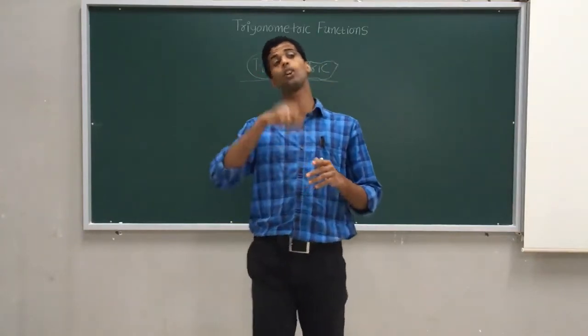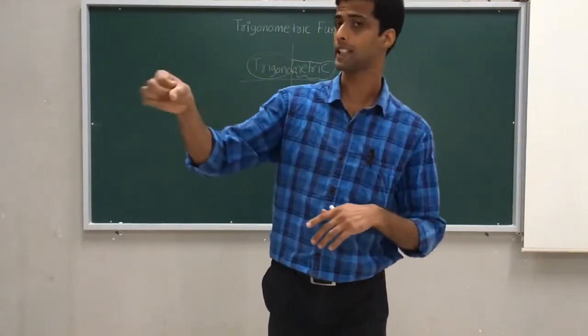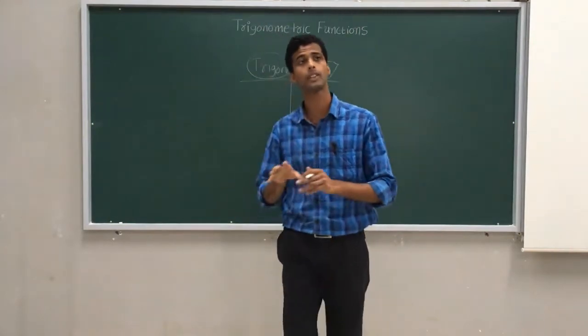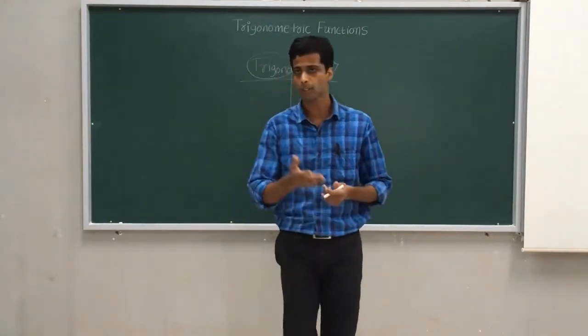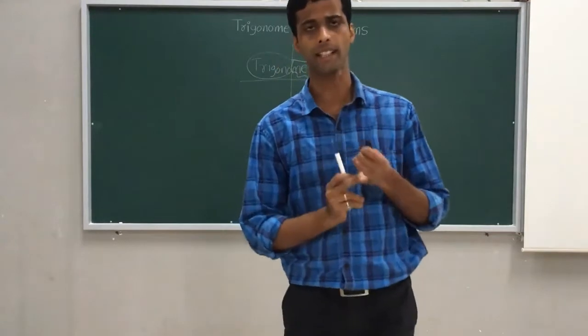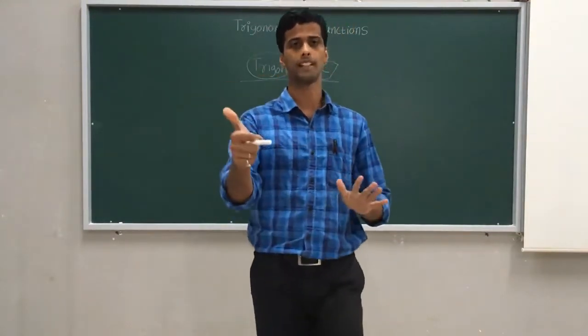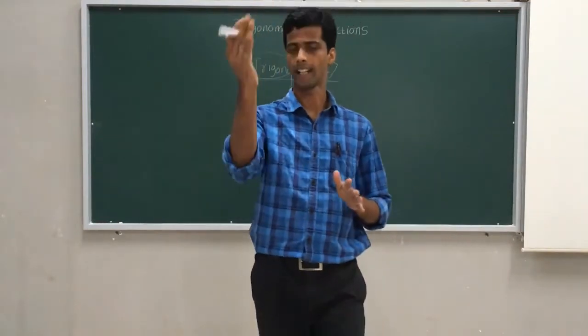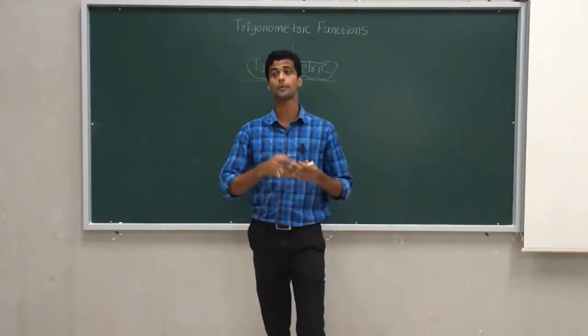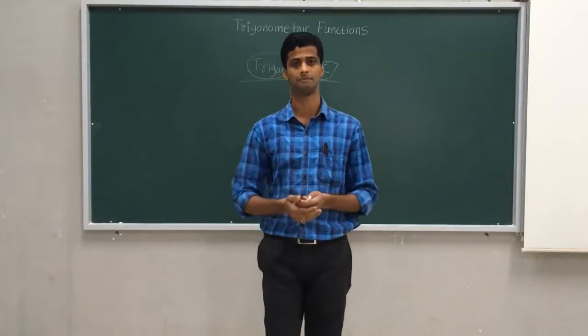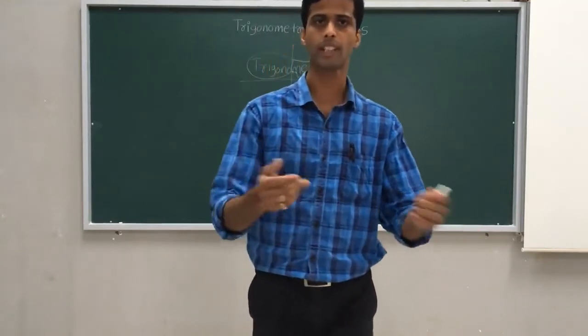Can I define these functions with every triangle, or only with a particular triangle can I define the 6 trigonometric functions? You know the 6 trigonometric functions: sine, cosine, tangent, cotangent, secant, cosecant. Whether they can be defined with the right angle triangle, or you can define these functions with any triangle, all that you have studied.